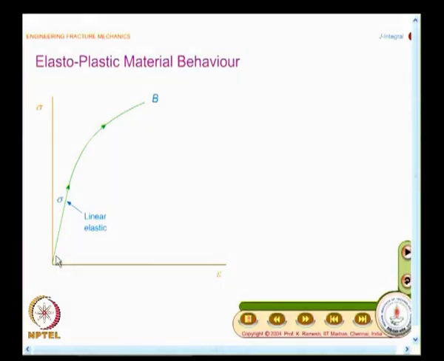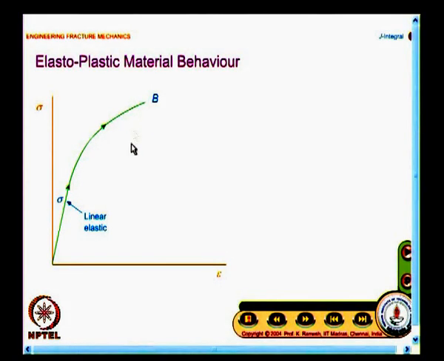When I unload, the unloading path is different, it is not same as the loading path. This is a very key important information that you have to keep in mind. And what is its influence? When I have a nonlinear elastic curve, for every value of strain you have only one value of stress, there is no difficulty at all.